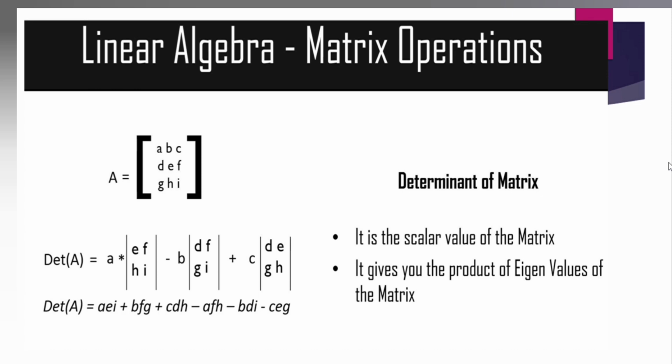Next thing we are starting is matrix. A matrix is nothing but a form of rows and columns.